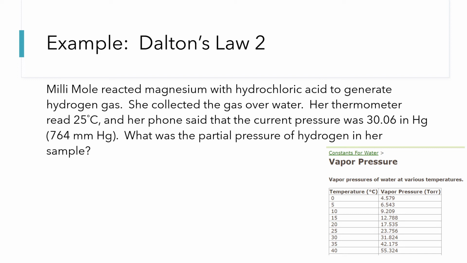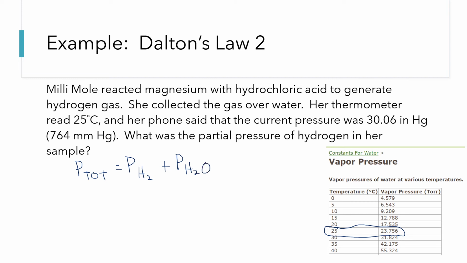So if you go to the Sapling Learning Compendics, you can look up the vapor pressure of water at different temperatures. So we want to go down to our temperature, which is 25 degrees C, and catch what the vapor pressure of water is. Now, according to Dalton's law of partial pressure, the total pressure in this scenario should be equal to the pressure of the hydrogen gas that she generated plus the pressure due to this water vapor.